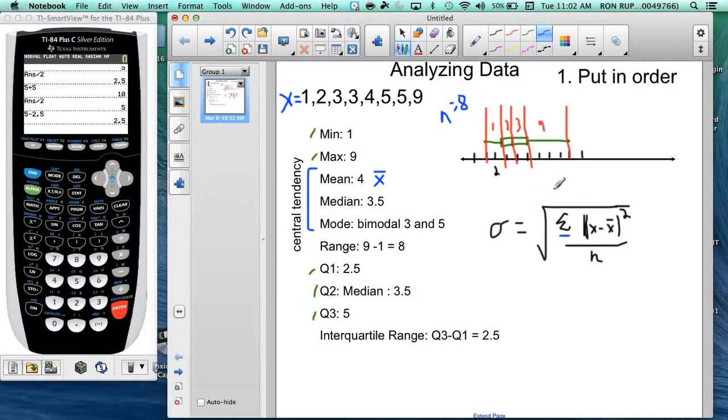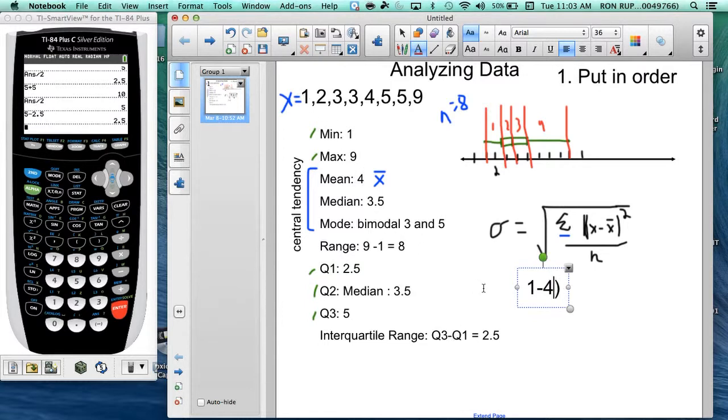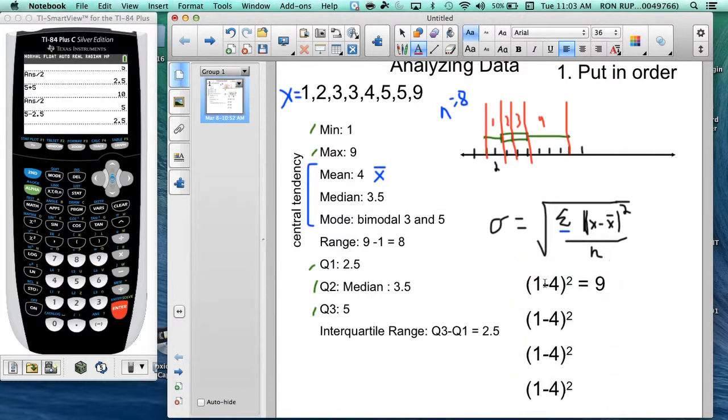So let's just kind of look what that looks like. 1 minus 4, so my first value minus my average is negative 3. And negative 3 squared is 9. So I've got to do that for all of this data. So I'm just going to copy this. We need to do this a total of 8 times.